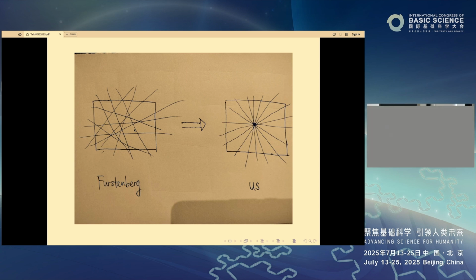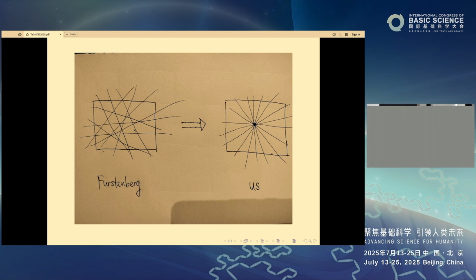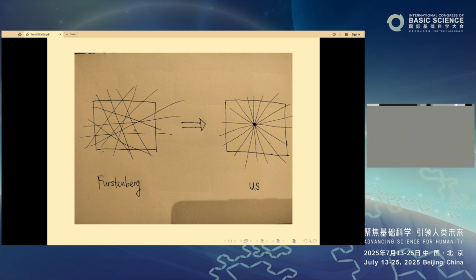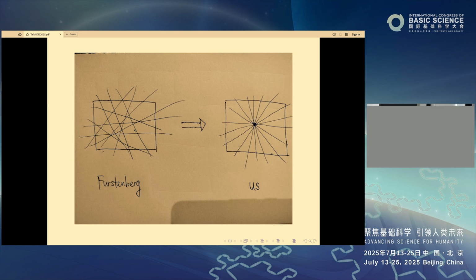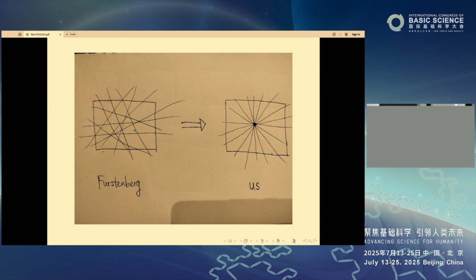So the way to do this is to remember that we have our original system on A times B, and also we have another coordinate, which is the slope. Actually, this is a skew product.